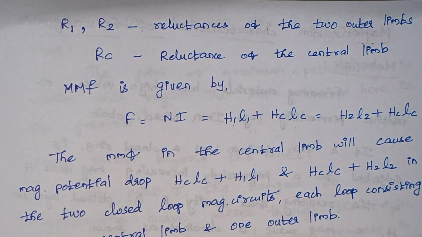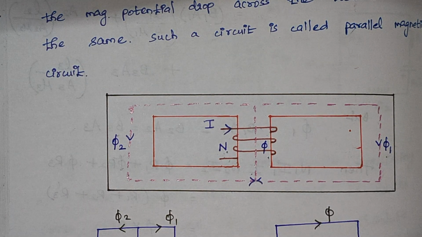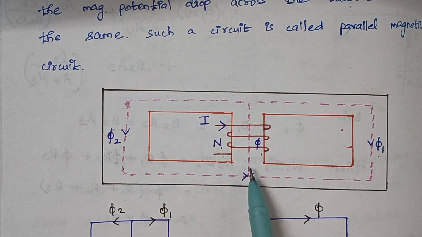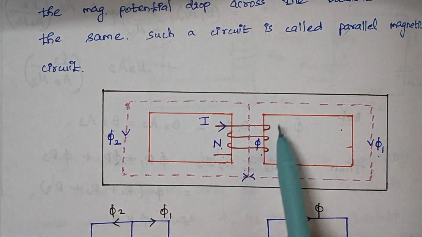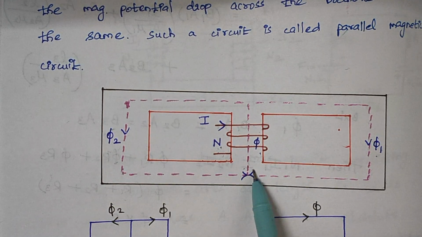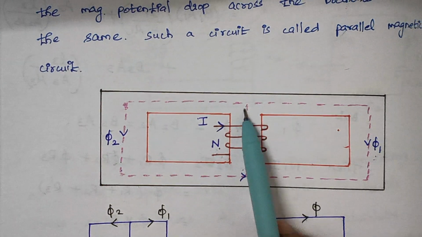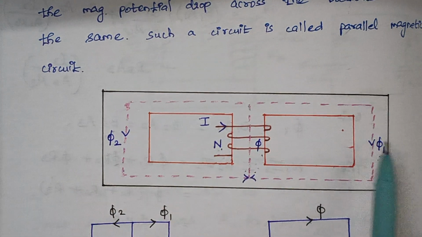When you look back at the diagram, the value of N into I is nothing but our mmf. Here the mmf is the summation of the drop produced by the central limb as well as by any one side limb. The central limb is common for both the sides.